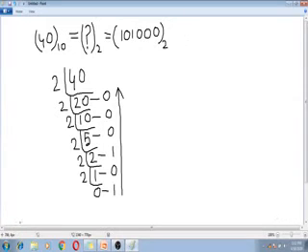Again, another number, just check it. Suppose my decimal number is 35.